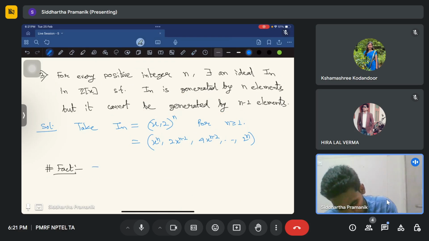So in Z[x], every prime ideal is generated by at most two elements.